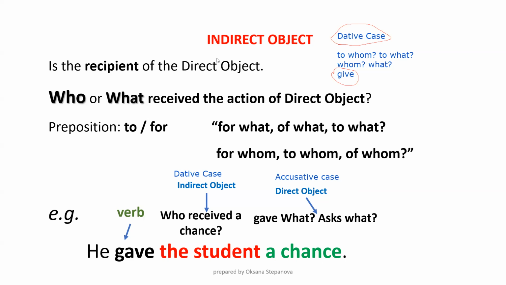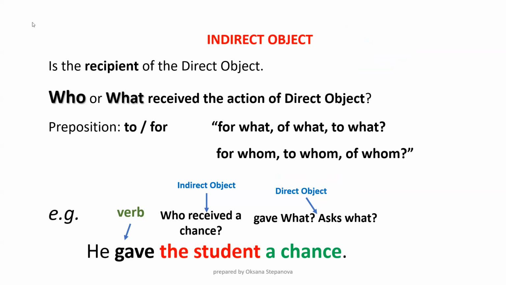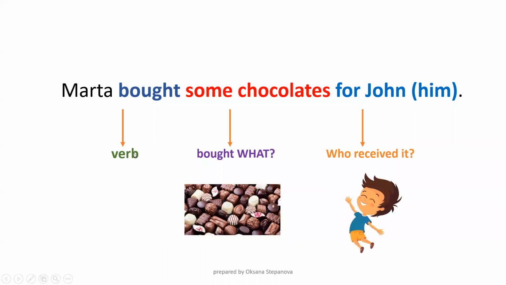Let's clear this, everything, and let's move on. So this might be more understandable if we look here. Marta is the subject, right? This is the subject of the sentence. Bought is the verb of the sentence.